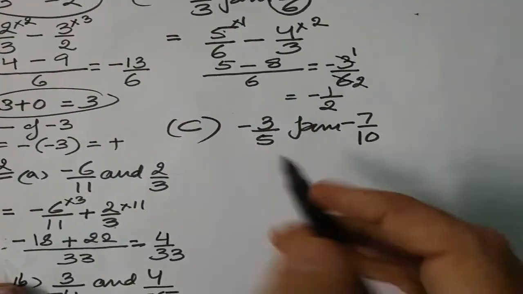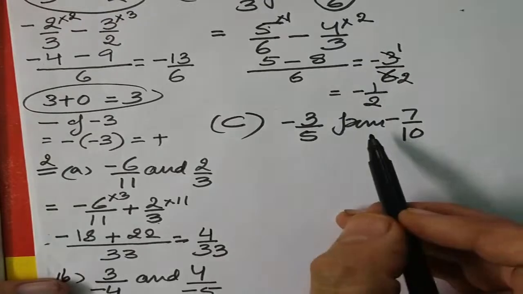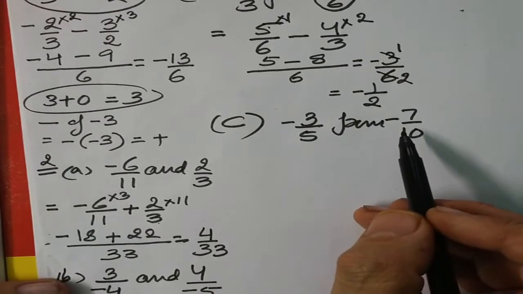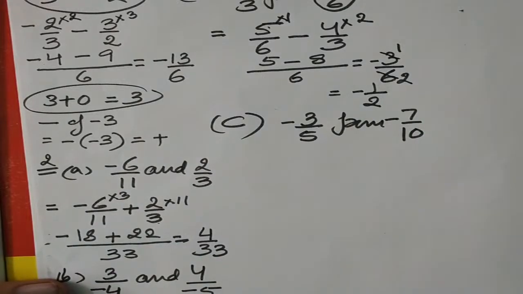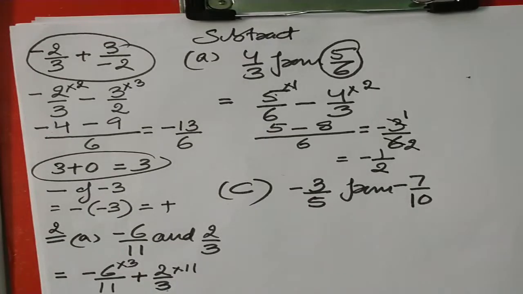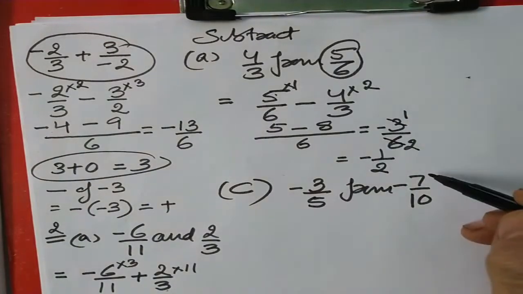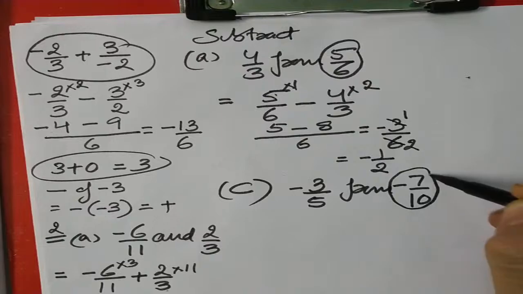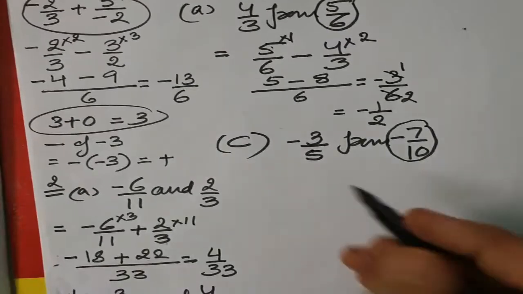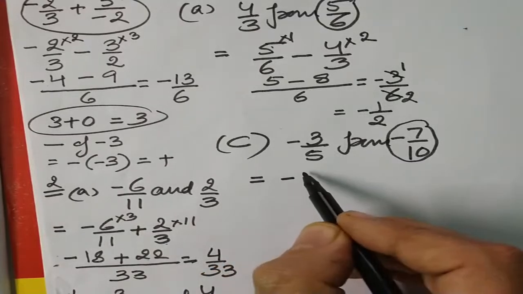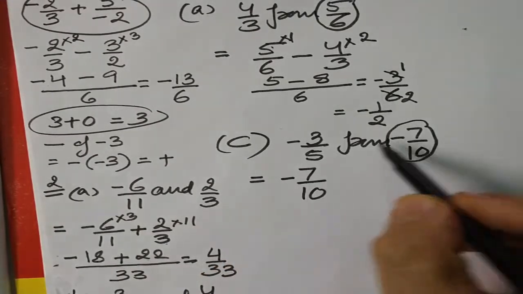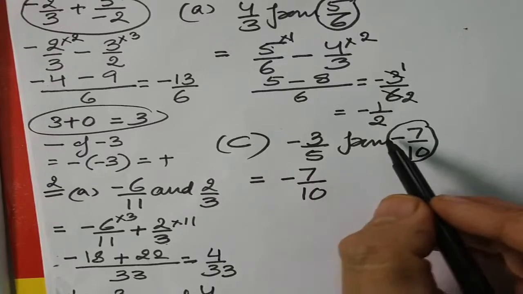So subtract this number from this number. Which number will come first? Type the answer. Just now we did one question. From means this number will be written first with the sign. So keep typing your answer below this video.